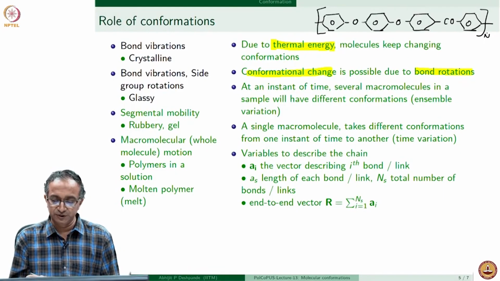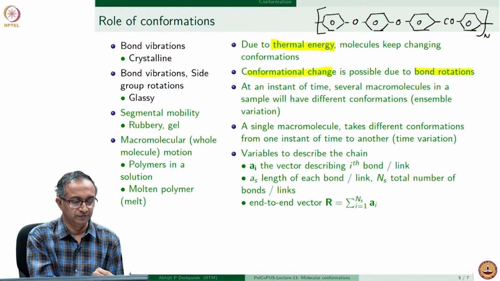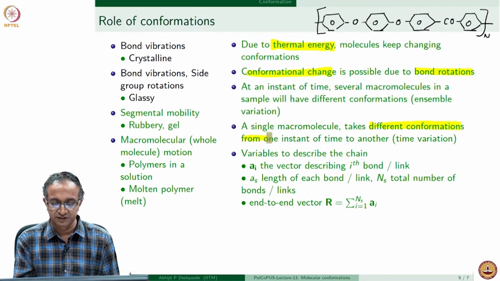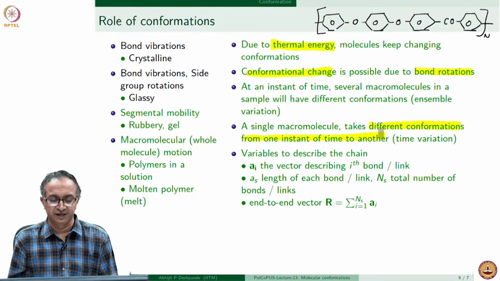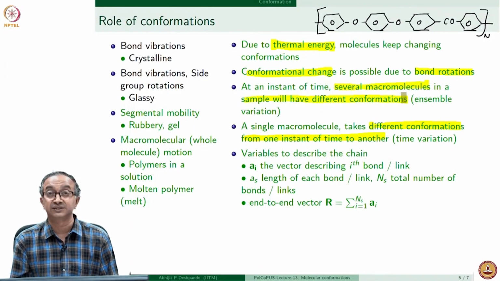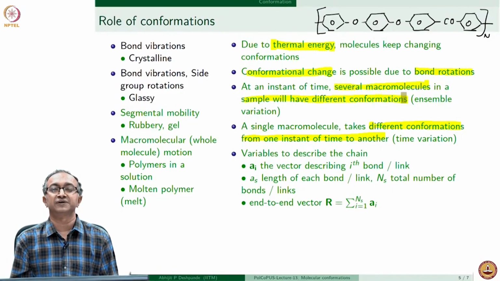So just to summarize again, when we look at a single macromolecule, it will take different conformations from one instant of time to the other. If we look at several macromolecules, then each molecule in this ensemble will have a different state, and therefore there is a variation in an ensemble.